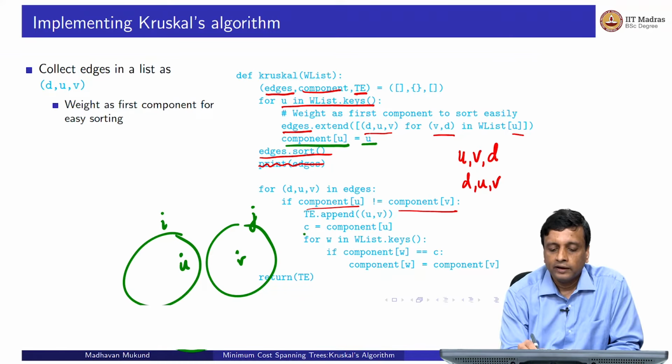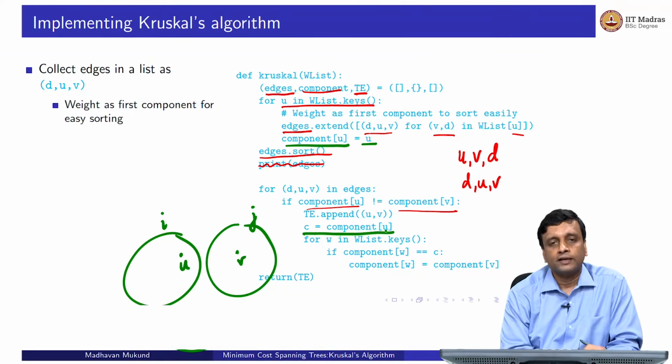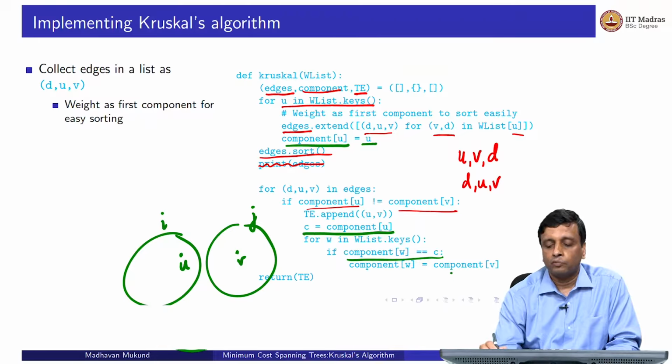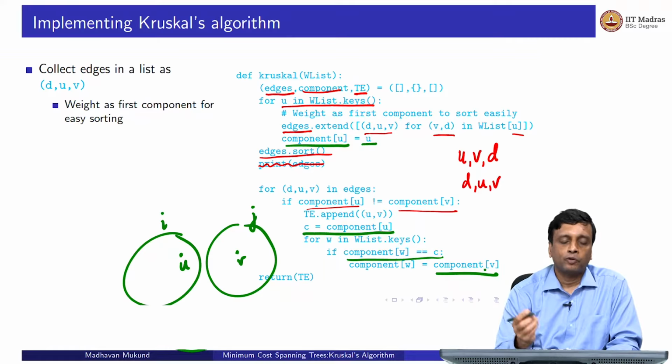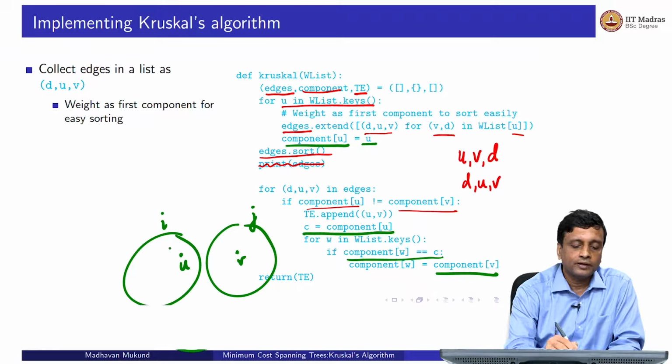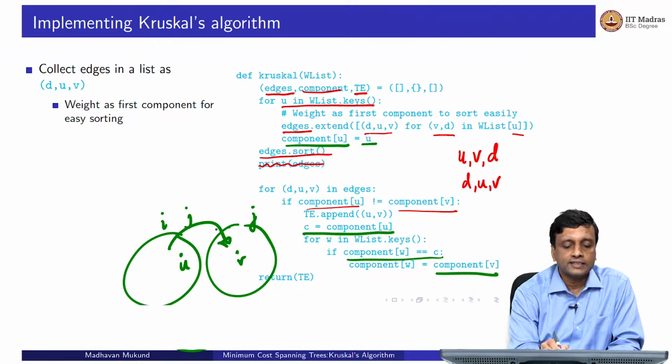So what we do is we remember the name of the component that we are at one endpoint of the edge, and for every other vertex which has that same component, we change its component to the other point. So basically everything from here is now going to get called j instead of I, right. So this is going to extend this component.